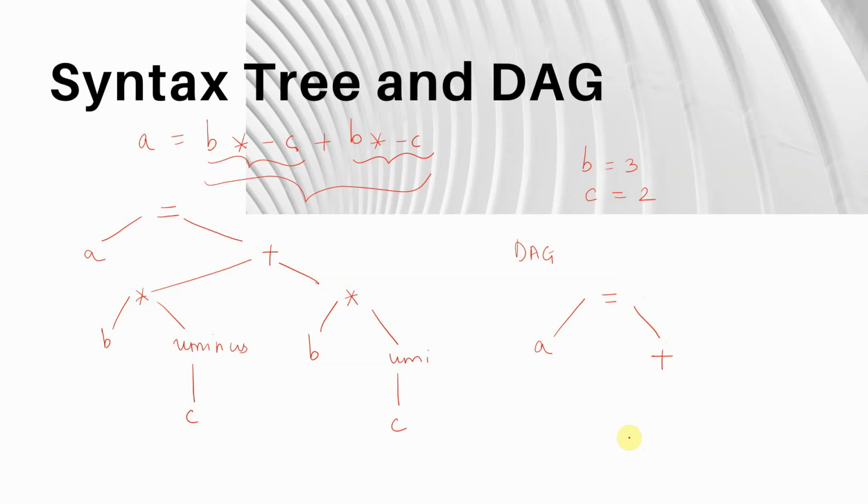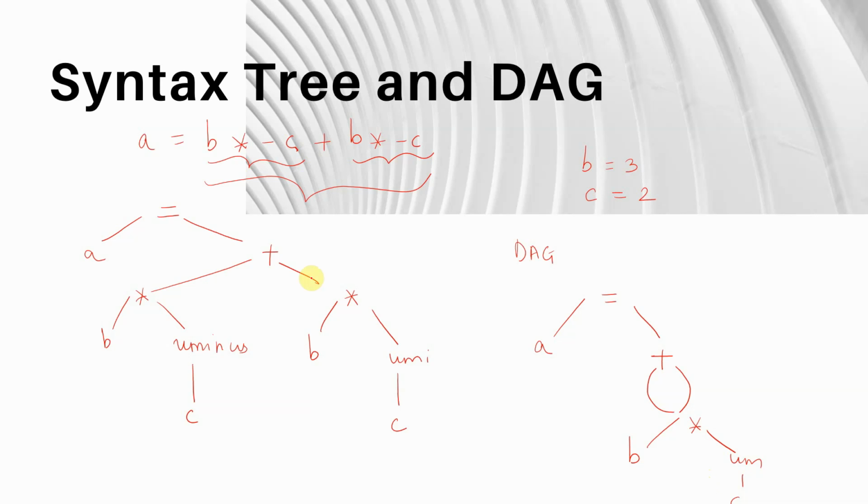Since b into minus c is performed twice, u minus, this is c, b into c, so I'll have one outgoing link from here, b into c plus, again I'll have one link over here. So this computation, that is b into minus c, is performed just once.